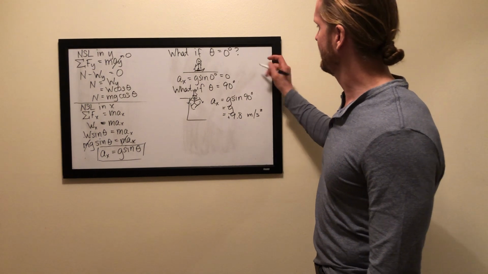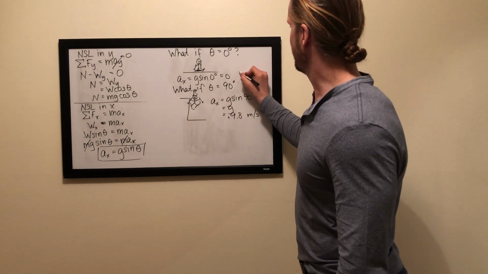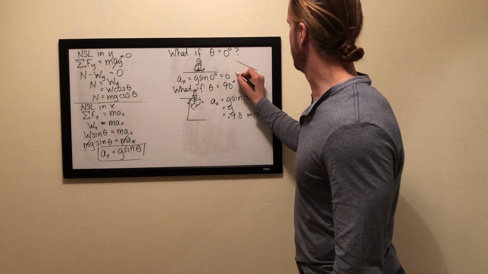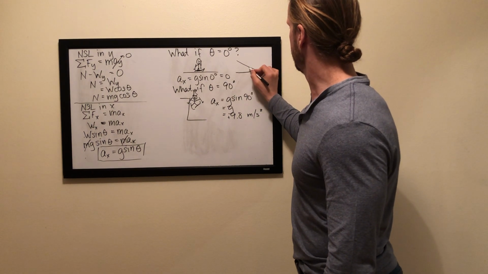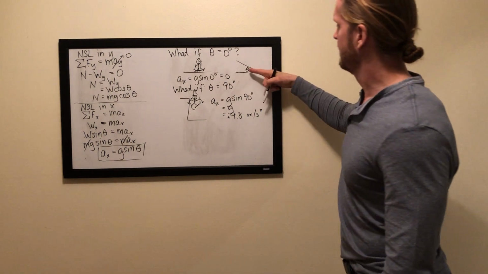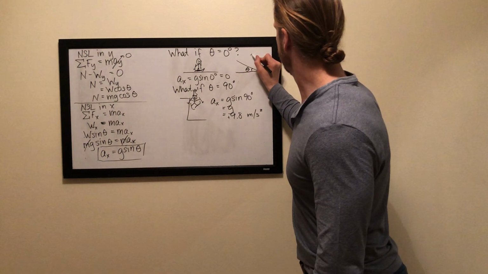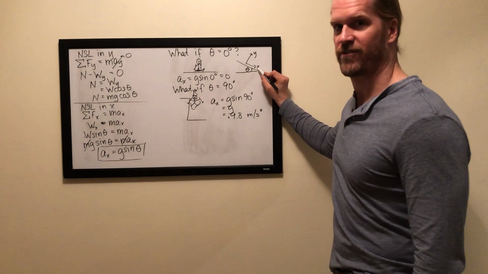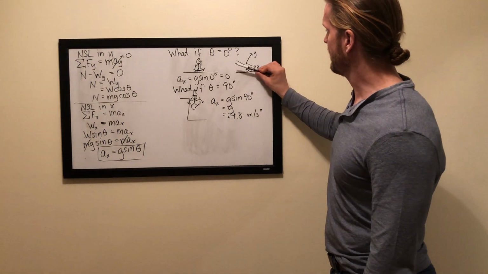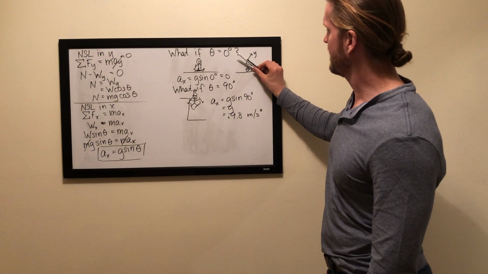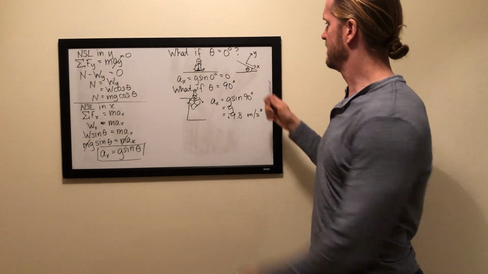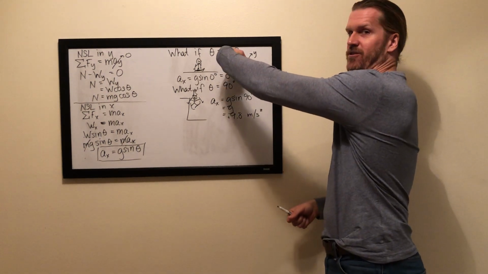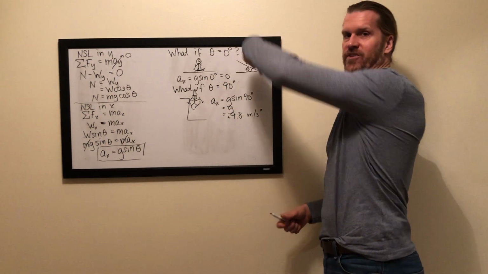That's because if you look at our hill, if you look at our slope, there's our angle, there's our x direction. You can see that as you increase that angle, the x direction starts pointing downward.